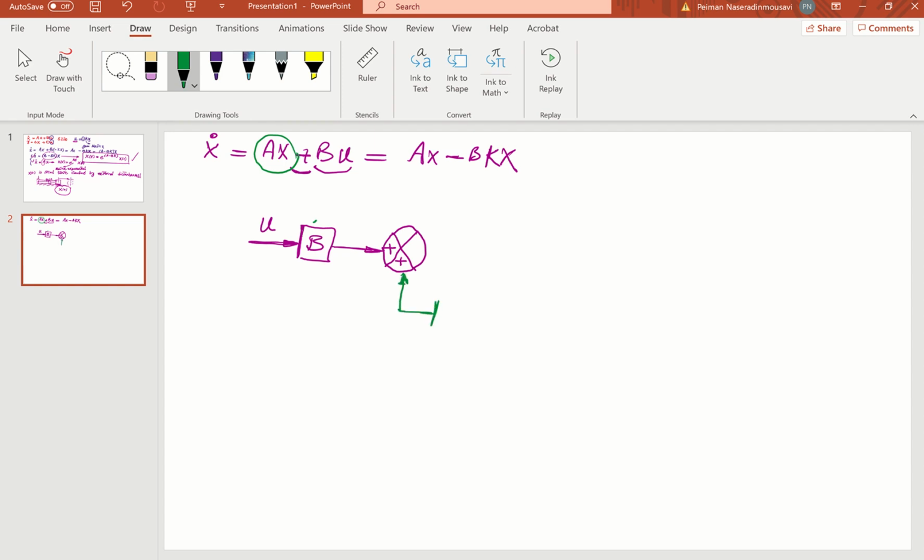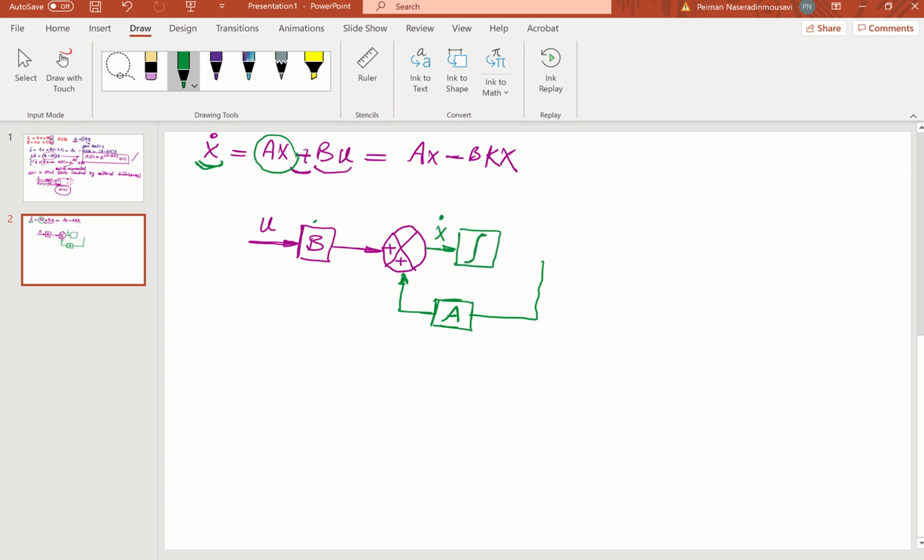So exactly I'm following the formula. This is A, now x. So the result Bu plus Ax gives you what? x dot. So the output of this is x dot. But we need x, so we need an integrator here, guys.